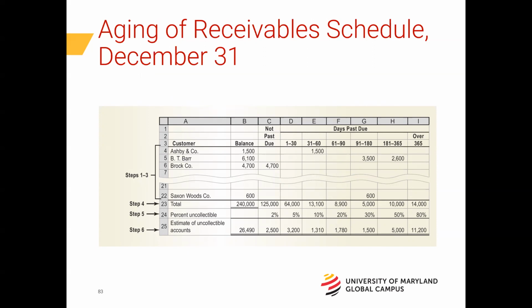So here, in this example, we have 18 customers on this list, in steps 1 through 3, as you can see here. We have 18 customers, starting with Ash Point Company, ending with Saxon Woods Company, and they all have a balance.